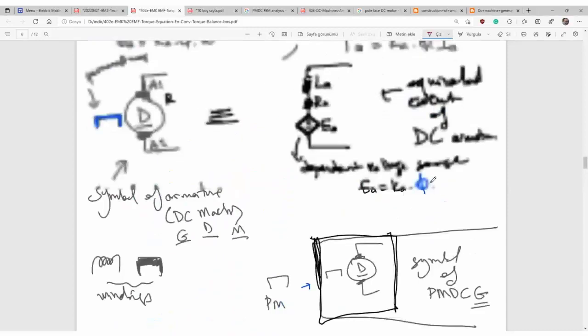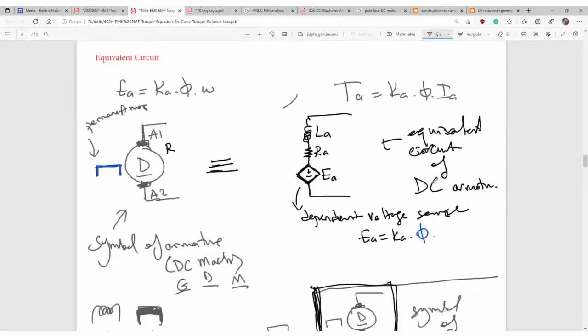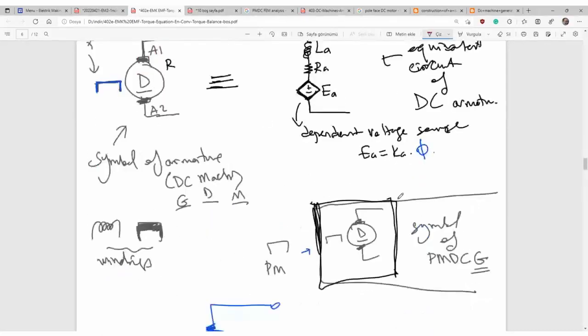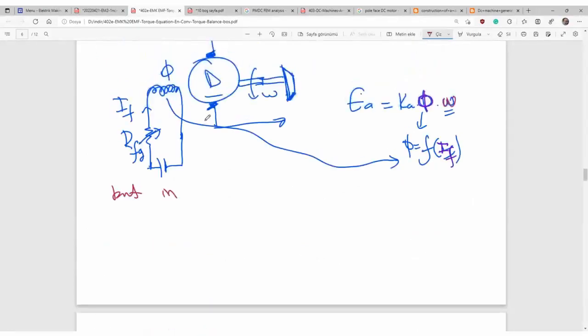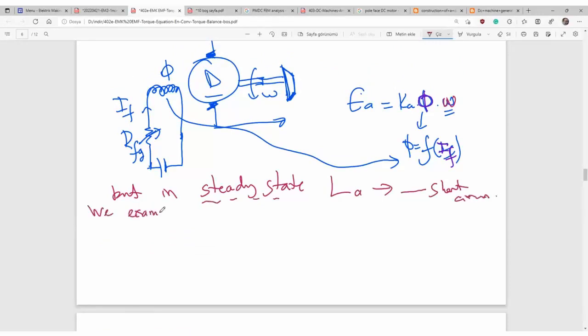Finally, I have introduced to you the equivalent circuit of the armature. But in steady state, LA looks like a short circuit and makes no change. We examine DC machines in steady state always in this course, so L is neglected.